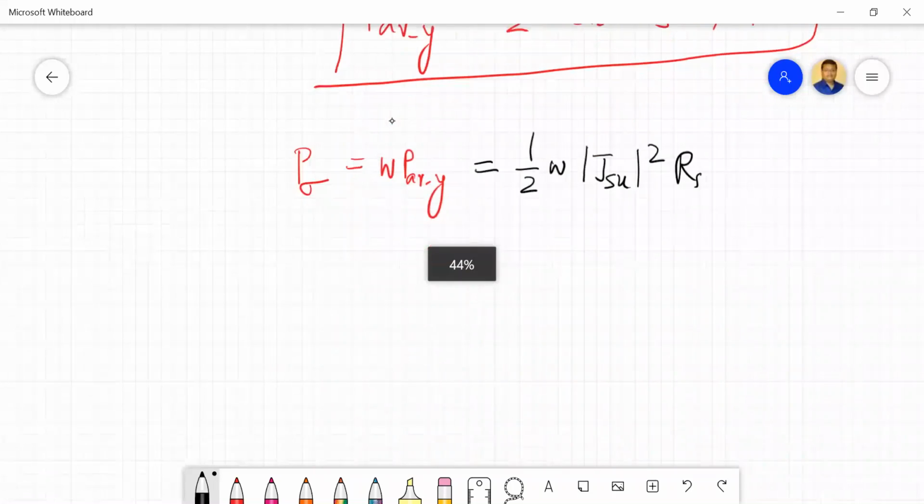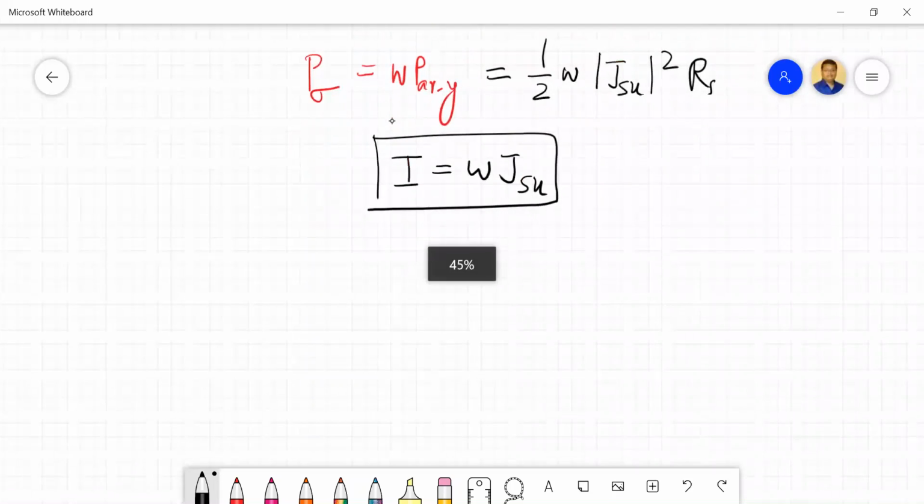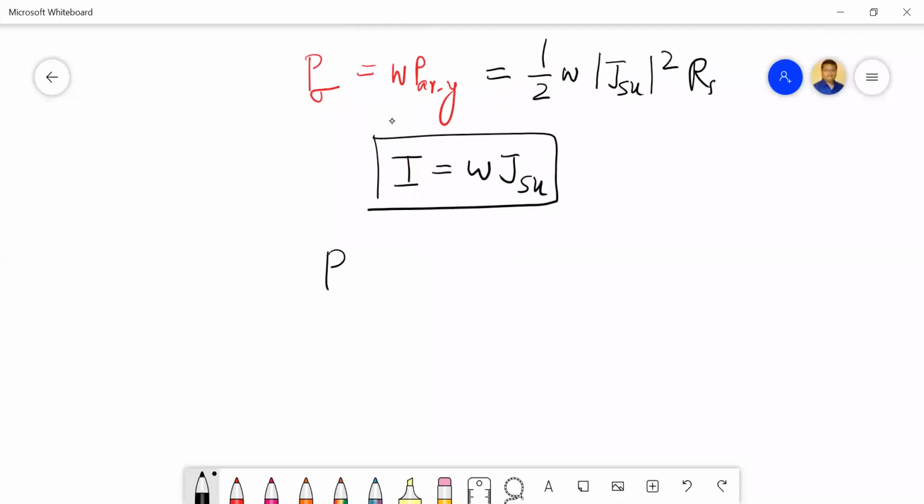Now, how can we define the current? So I will be W J S U. So finally, one can easily write P sigma as half of I square RS by W.